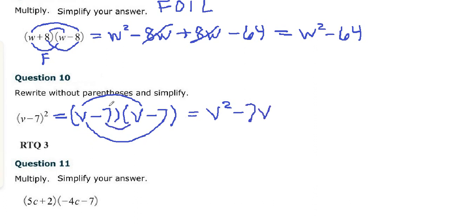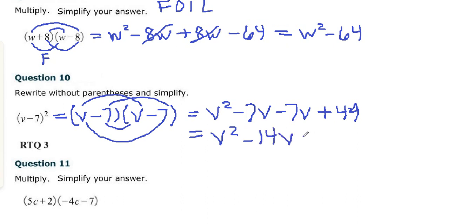Inner terms, negative 7 times v, negative 7v. And last terms, negative 7 times negative 7, positive 49. And then these two are like terms. So add the coefficients, negative 7 and negative 7, negative 14. So v squared minus 14v plus 49.